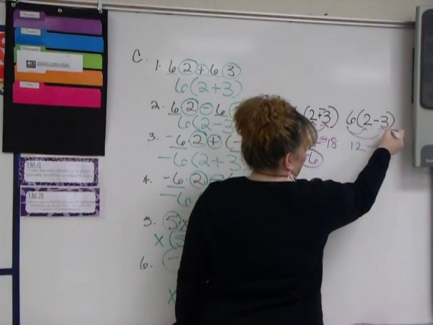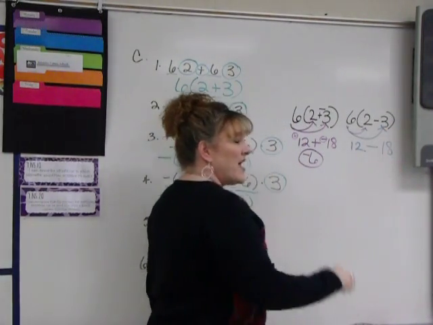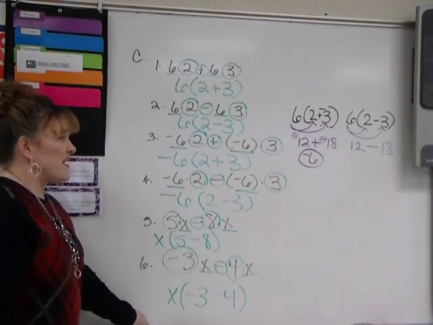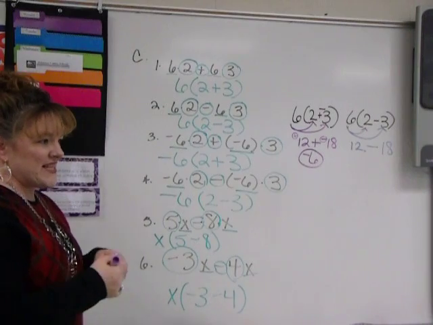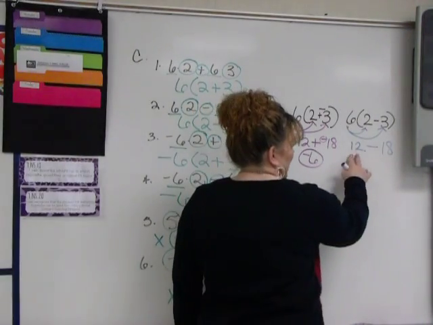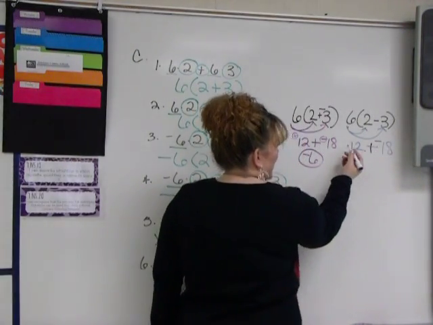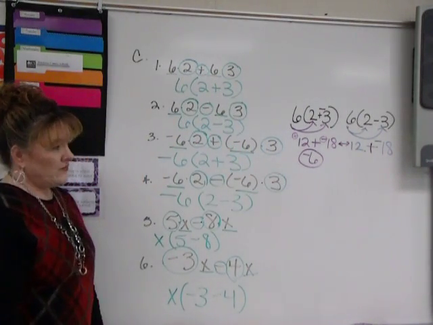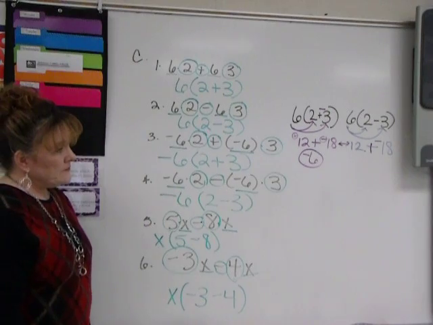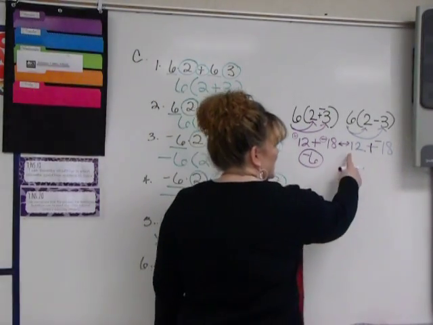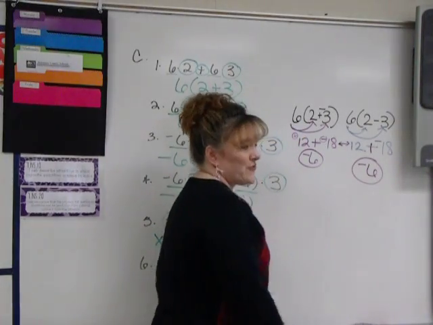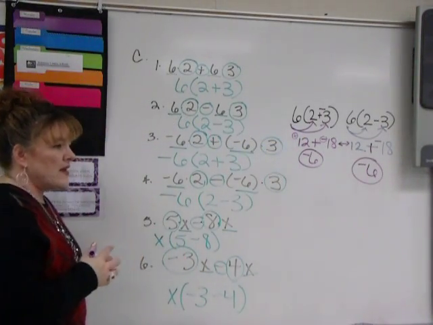Subtract 6 times 3 is 18. Now I still have subtraction I've got to take care of, because I didn't take care of it in the parentheses. So now I have to keep change, and it's supposed to still look like it's supposed to. Now that these are different signs, we subtract 6, higher absolute value is negative, -6. You're going to get the same thing.